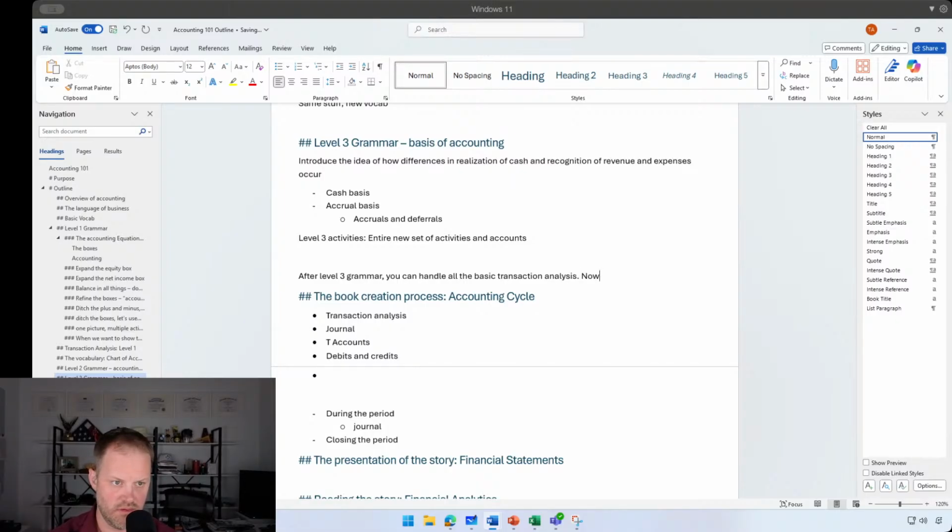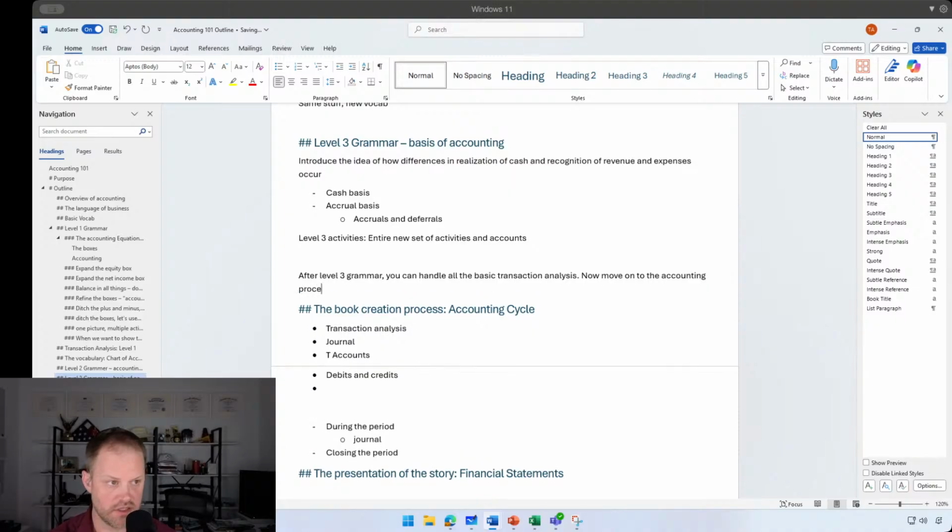Now, move on to the accounting process of recording, organizing, and presenting, publishing the story.